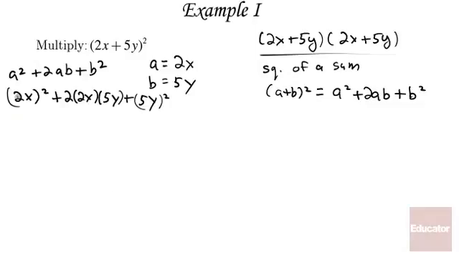Working this out, 2x squared would be 2 times 2 is 4x squared, plus 2 times 2 is 4 times 5. That gives me 20xy. And then I have 5y squared, so that gives me 25y squared. So I have 4x squared plus 20xy plus 25y squared, and I got that very quickly using my formula for the square of a sum.